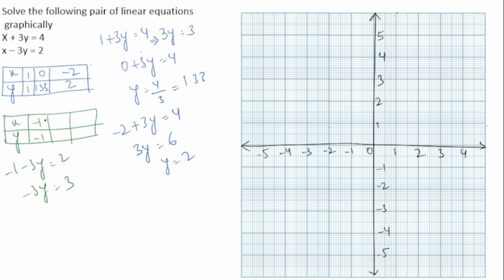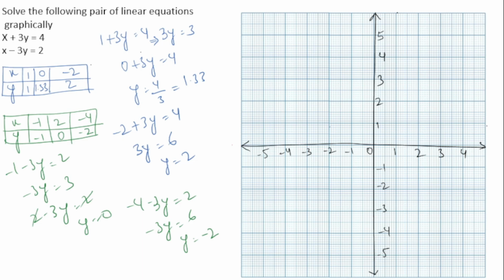If x is 2, 2 minus 3y is equal to 2. 2 and 2 will be cancelled, so y is equal to 0. If x is equal to minus 4, minus 4 minus 3y is equal to 2. Minus 3y is equal to 6. Y is equal to minus 2.